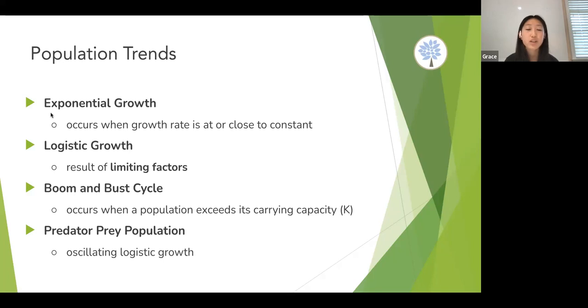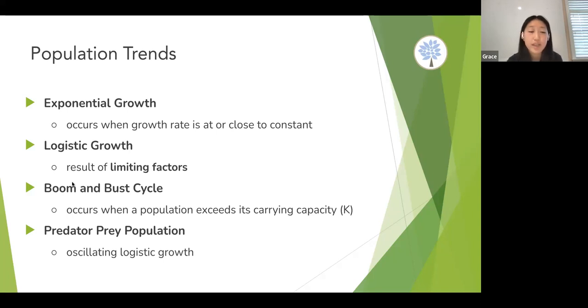It occurs when the growth rate is always going and not slowing down, which means there are few things stopping this species from growing. We'll go over those things soon. Logistic growth is basically exponential growth, but it includes the results of limiting factors. Limiting factors are things that keep a population in check. They stop a population from growing forever, which is more realistic in our life.